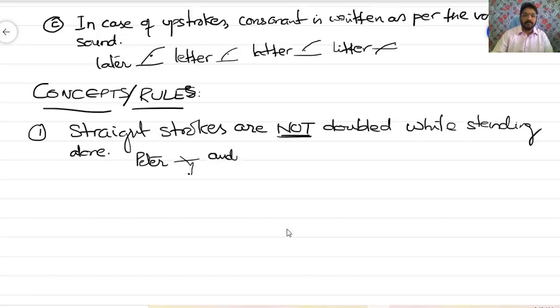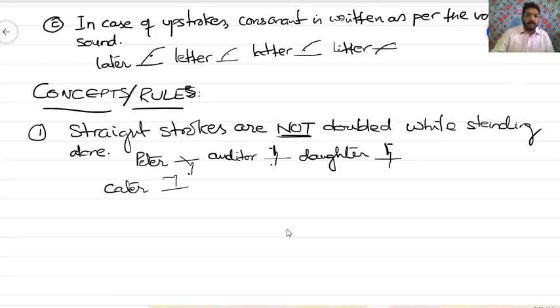Auditor, D, ter. It cannot be doubled. Daughter, D, ter. Daughter. It cannot be doubled. Cater, K, ter. Bidder. No initial attachment, so it cannot be doubled.